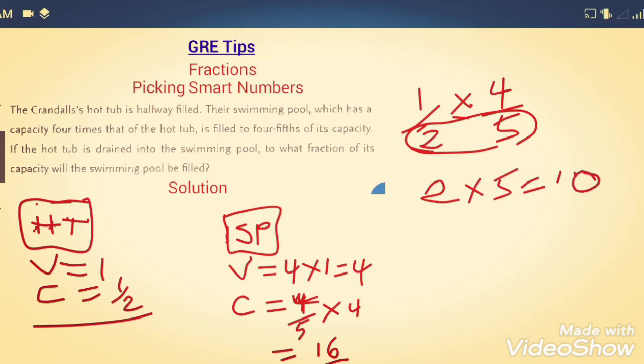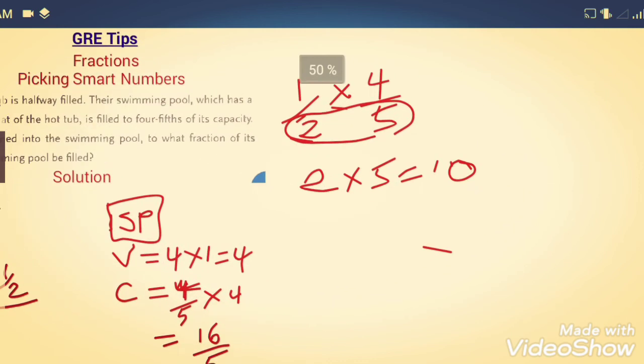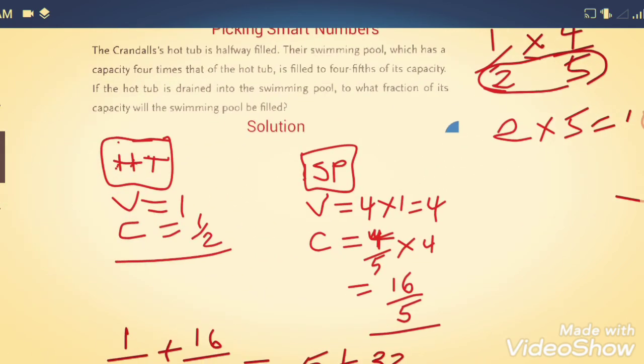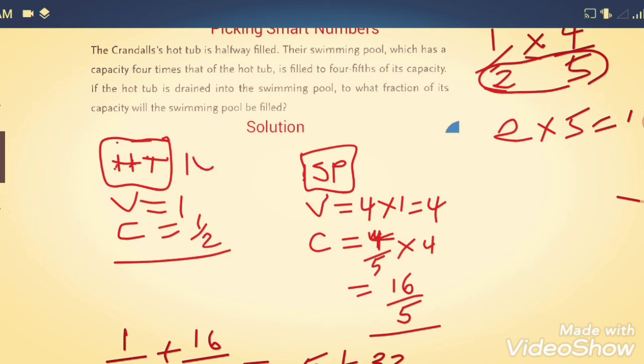So let's call these 10 units. So from here, the hot tub will have 10 units, or let's just call it 10U. Now it says half of it is filled, so half of 10 is going to be 5 units.